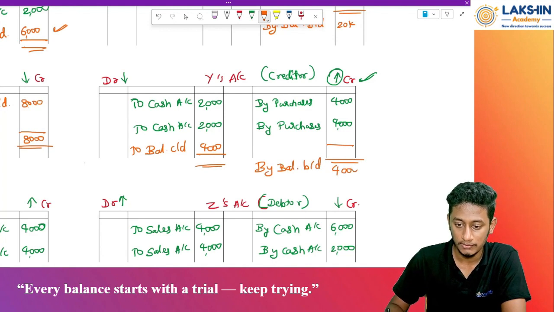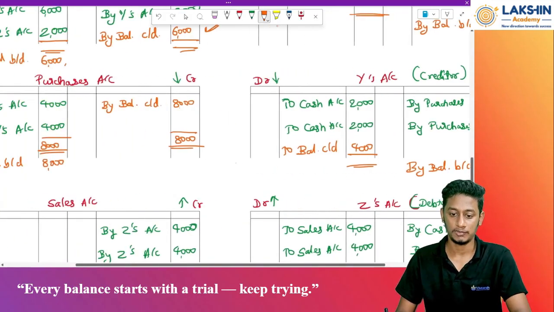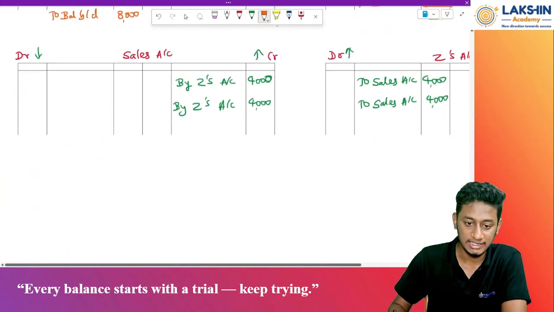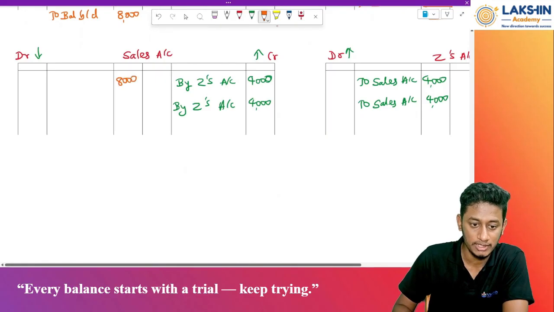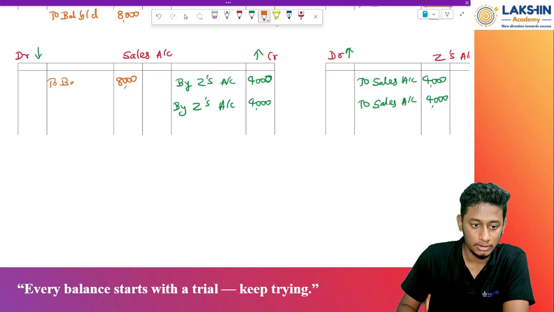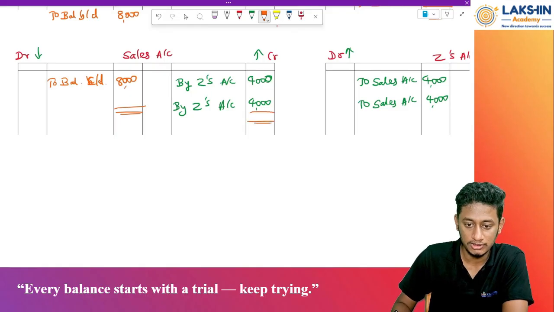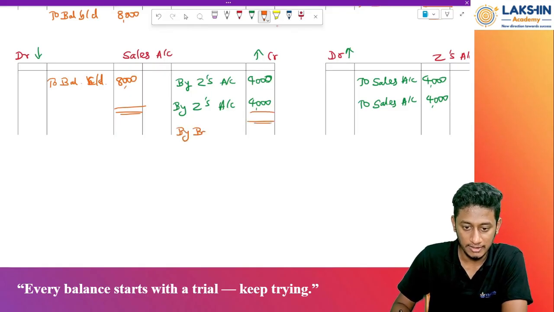Rupees 4,000. Okay. Then next, the sales account. Again 8,000 rupees over here. Then To balance carried down, totals, and By balance brought down.